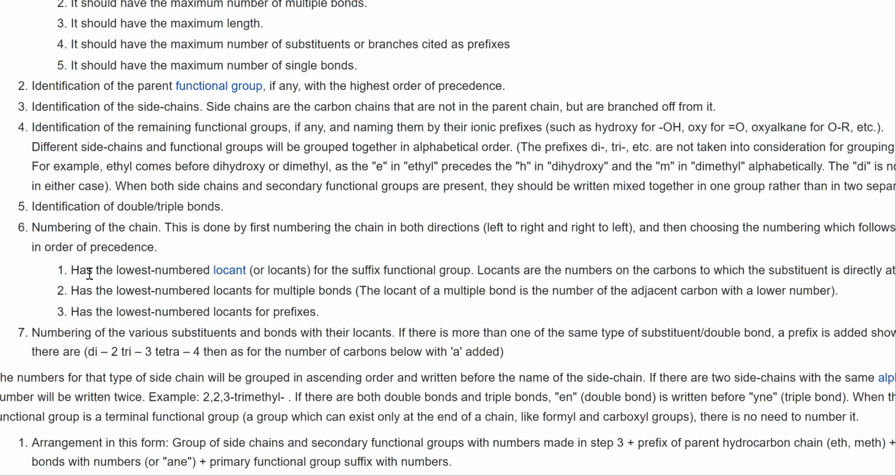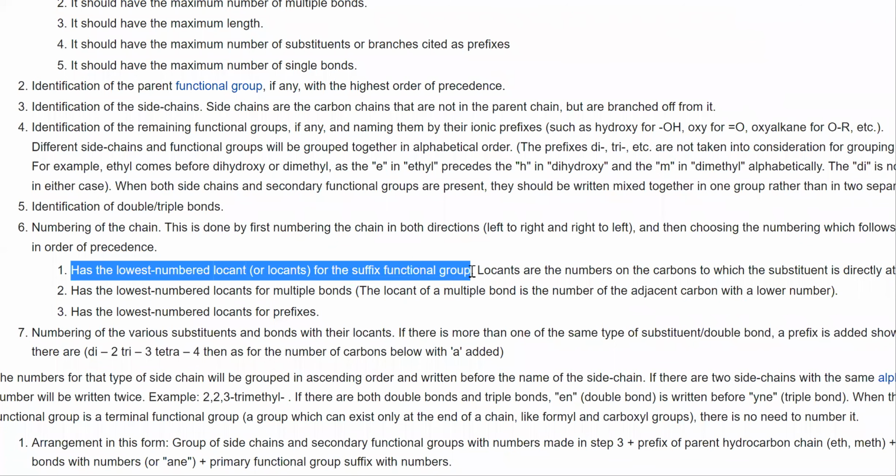So this one, the first rule, this is point number 6, the numbering part, right? So I'm just going to write one point. We're not going to do the whole thing. We're just going to pick one point and that's it. We're not going to deal with a lot of complexity. So it should have the lowest number for the suffix functional group. The suffix is decided by the highest precedence group.